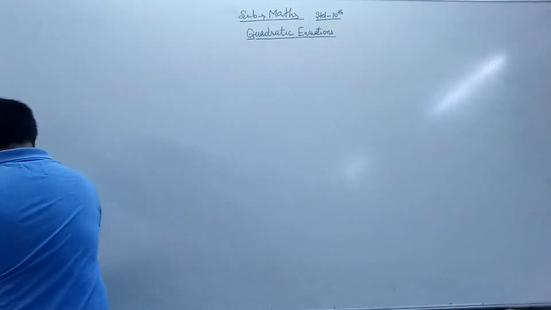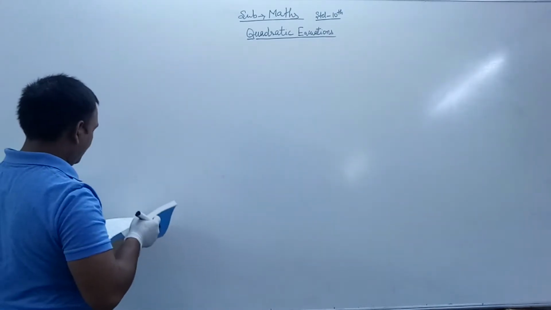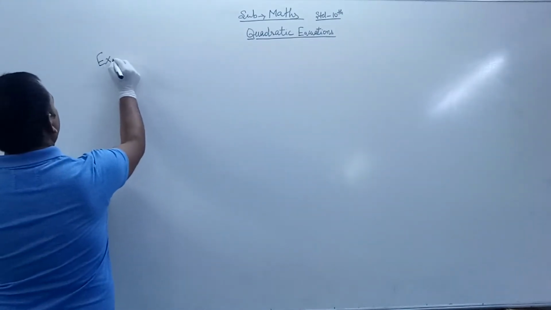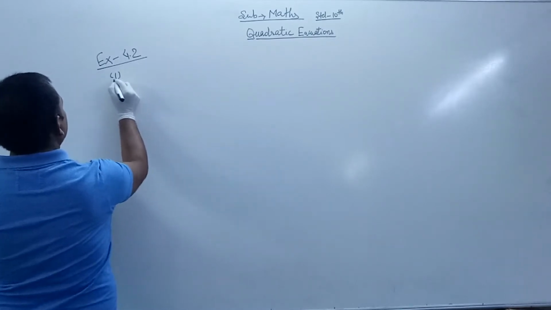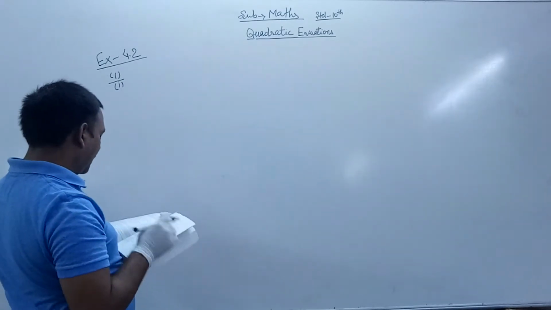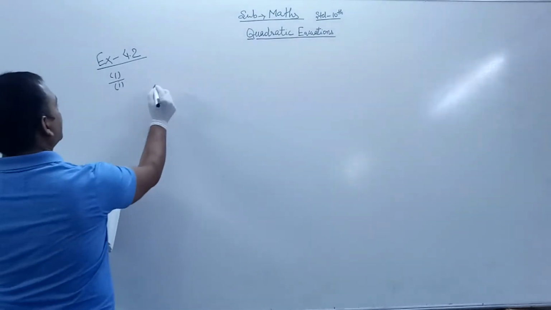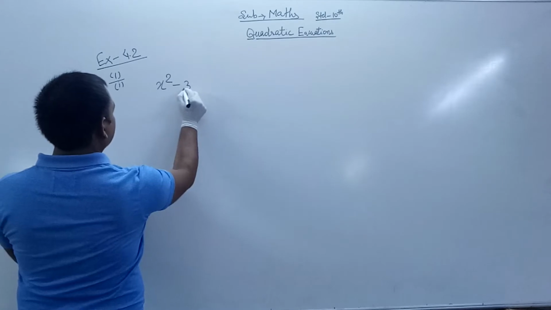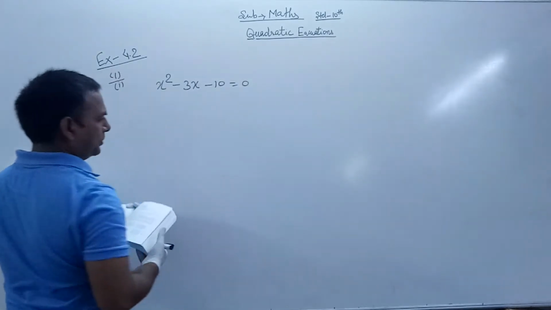Here you see exercise number 4.2, question number 1. Find the roots of the following quadratic equation by factorization. Question number 1 is x square minus 3x minus 10 equal to 0.